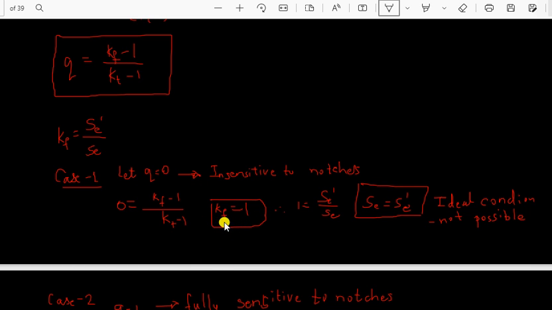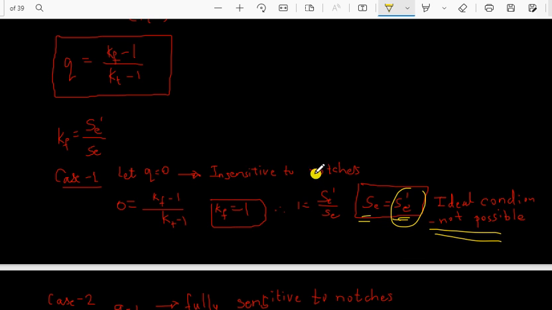That means the actual stress concentration factor is equal to 1. And what does it mean? If it is 1, then Sc dash will be equal to Sc. That means you are getting the actual endurance limit exactly equal to the endurance limit for the standard specimen, which is not possible, but it is the ideal condition.